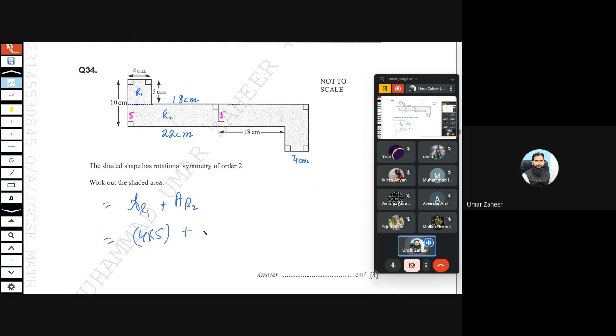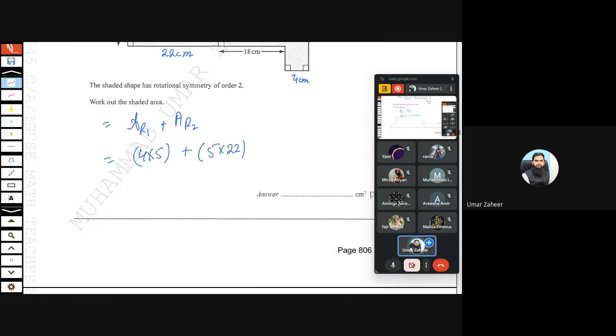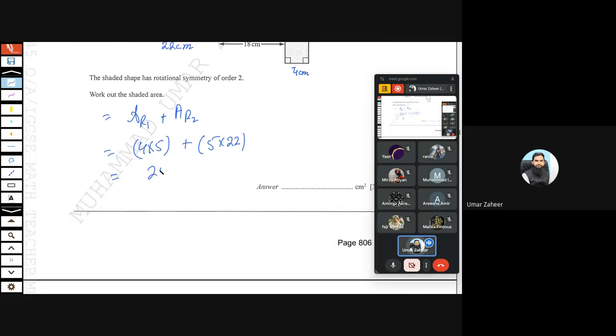So the area of rectangle 2 is 5 multiplied by 22. Yes, please find the value. That will be 130 centimeter square.